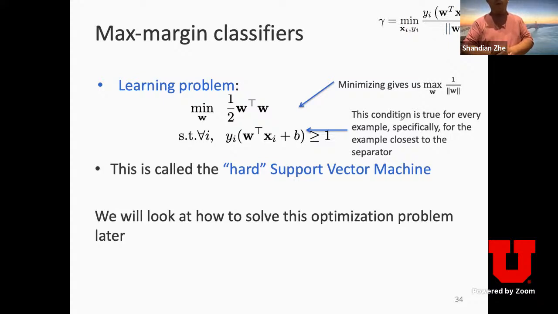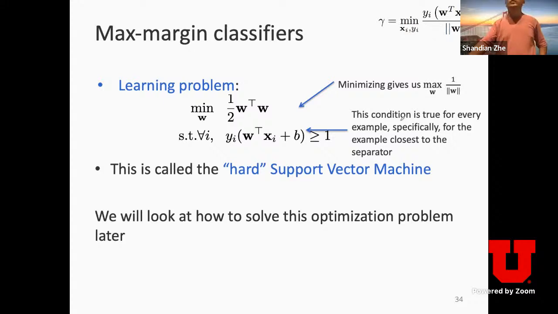And we'll look at how to solve this optimization problem later. But there's some problem with this hard SVM. So what's the problem? Any thought? Yeah, we need the training error to be 0.